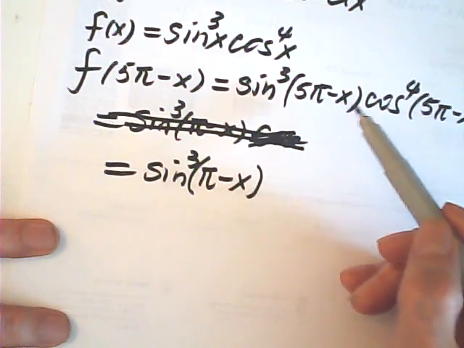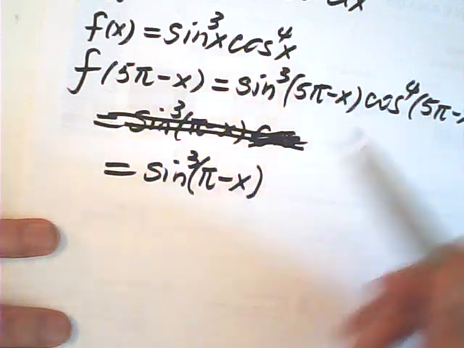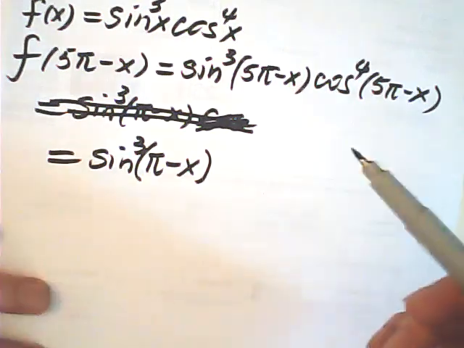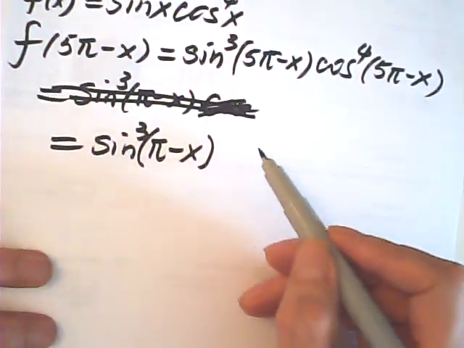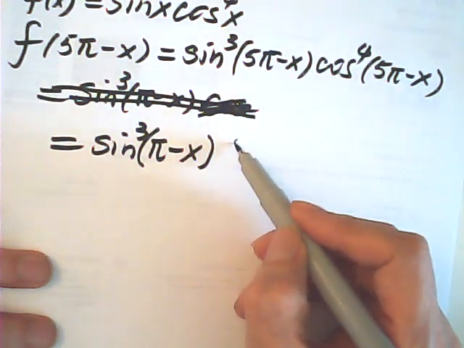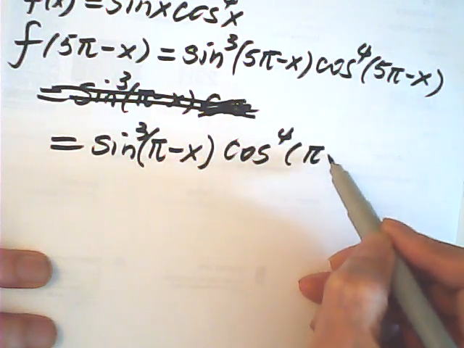That's true because 5 pi means 4 pi plus pi, and 4 pi is just two periods for sine, right? So this is cosine fourth of pi minus x.